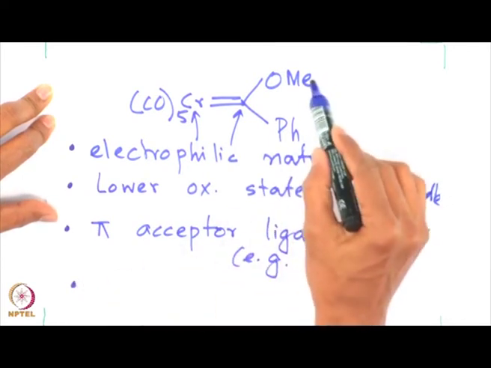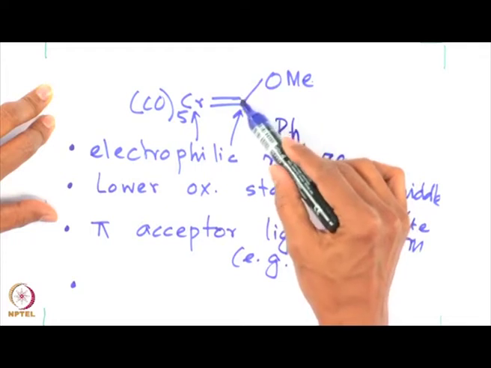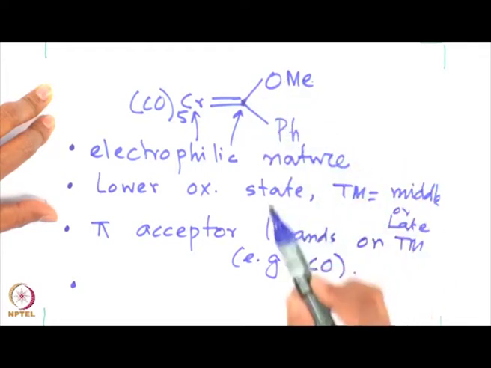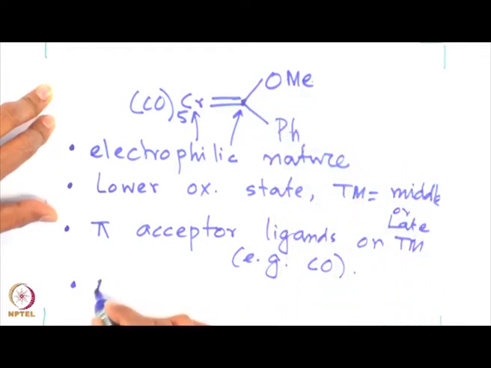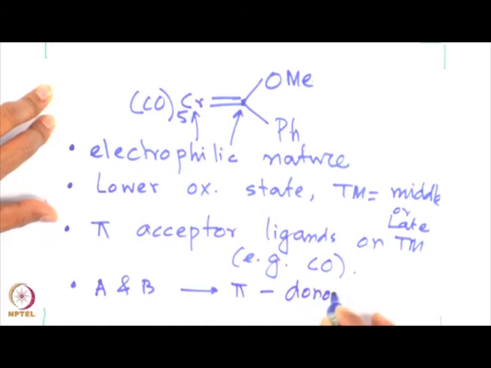And the two atoms that are associated with the carbon center are often pi donors. A and B are often pi donors. Okay, so these are of two different types. Usually we can get alkoxide or NR2 type.